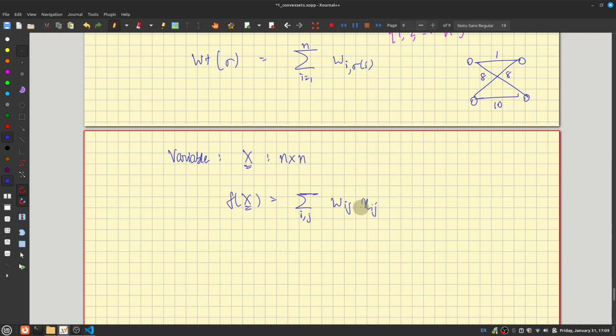Basically, if Xij is 1 if sigma of i equals j and 0 else, then this is exactly equal to this particular quantity. Correct? You're convinced of that? If I take Xij equal to this. Fine.